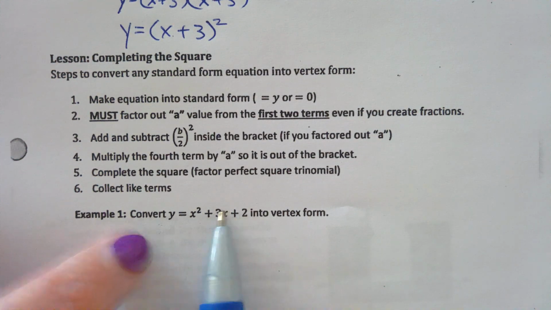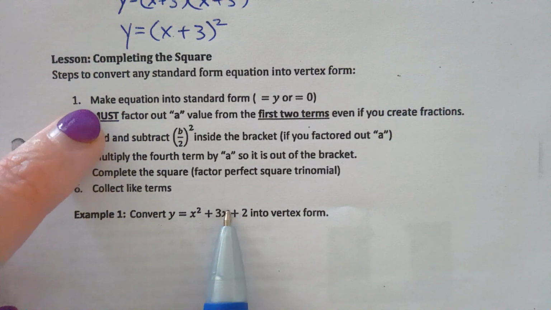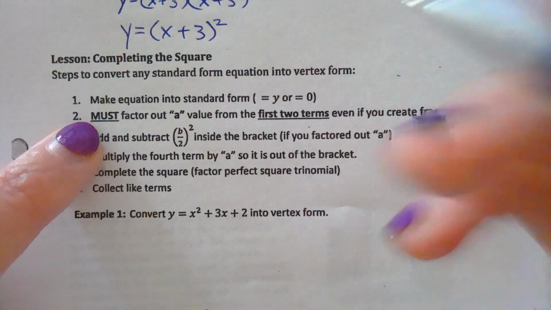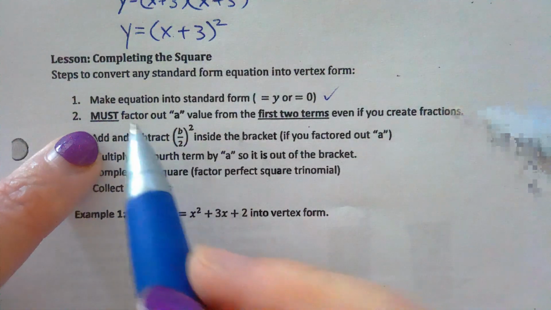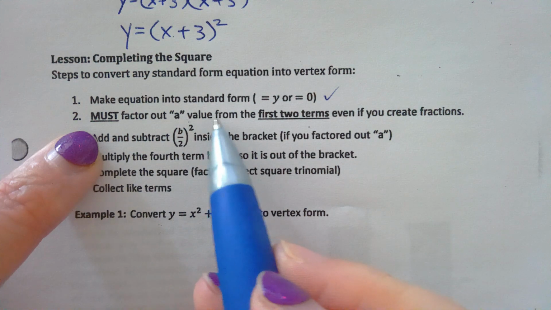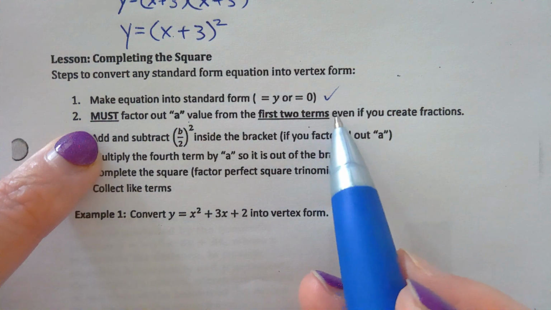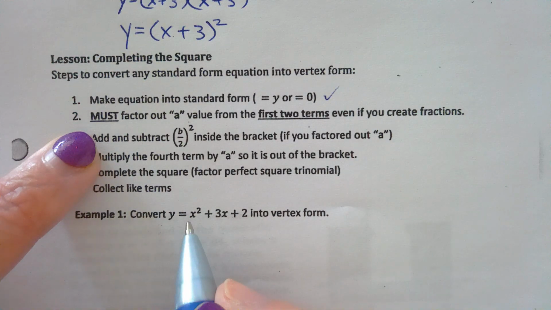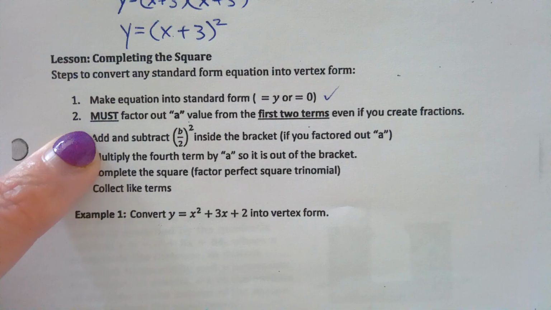Given this, make the equation in standard form. Is this already in standard form? Yes. Good. Step 1, done. Step 2, factor out a value from the first two terms, even if you get a fraction. What is the a value in this case? William? 1, right?